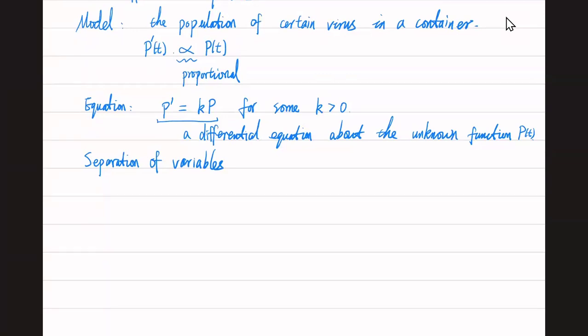So we rewrite this derivative as the quotient of the differentials. Then we separate the p variable and the t variable.